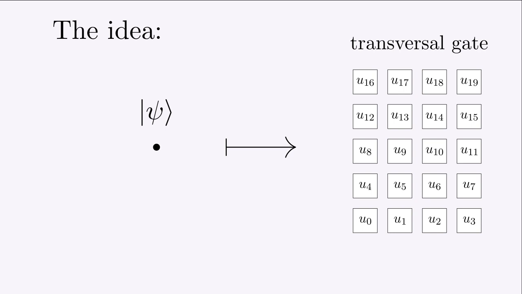These are tensor products of single qubit unitary operators such that the resulting operator preserves the encoded space. And transversal gates should be inherently fault tolerant. Each one of these gates can only cause an error on a single qubit, and so if we perform these gates well enough, we end up with uncorrelated errors across the code, which can then be error corrected using the stabilizers of the code.